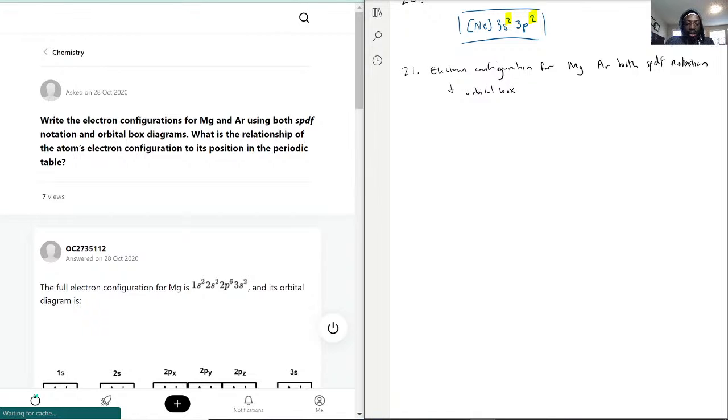Okay, that was the orbital notation when I showed the electrons from that other question, and now they also want to know the relationship between the periodic table and electron configuration.